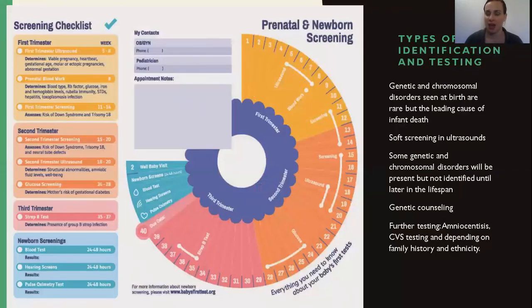When it comes to testing, we know that we get genetic makeup and chromosomal makeup from our parents. So we want to identify any genetic or chromosomal disorders so that we can provide early intervention and education as soon as possible. I gave birth to my youngest daughter a year and a half ago, and I decided to deliver at Scripps Sanitas, which has just a level 1 NICU.